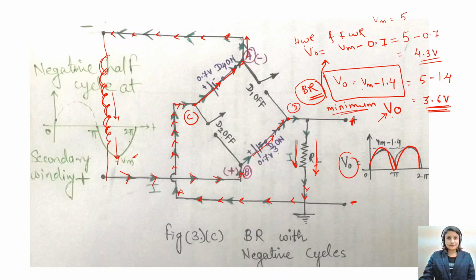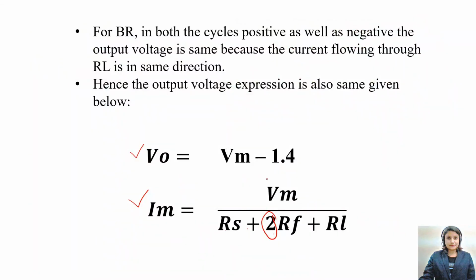That means we have to calculate the forward resistance in both the diodes. So twice Rf means it is the forward resistance in both the diodes, whether D1 and D2 or D3 and D4.